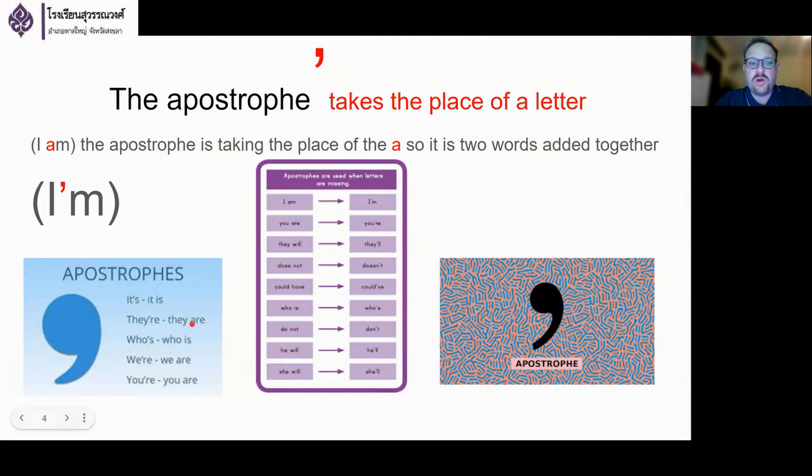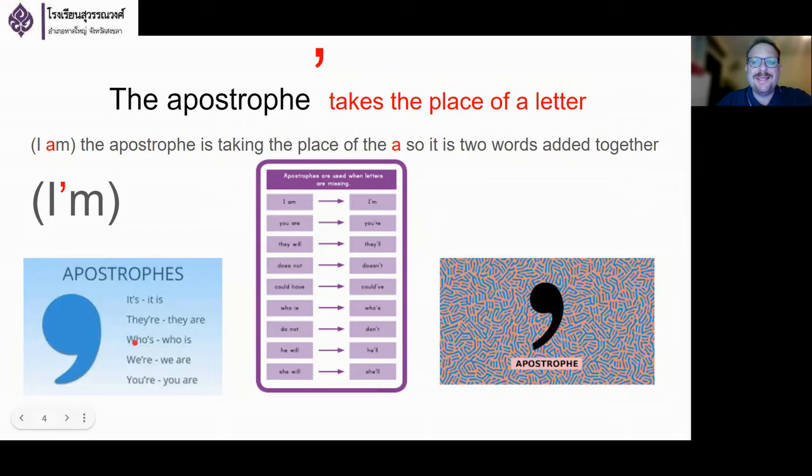They are 2 words. There is 1 word that is missing the A. So the A is now an apostrophe. The apostrophe took the place of the A in the second word. Now it's 1 word. There, a contraction.